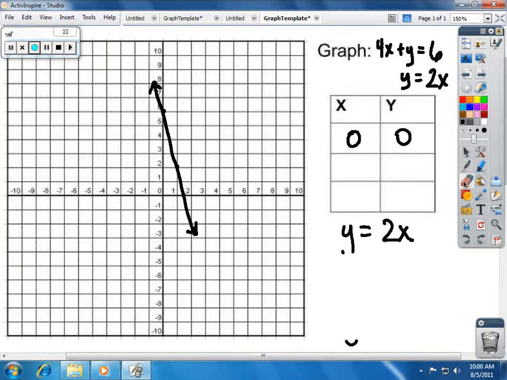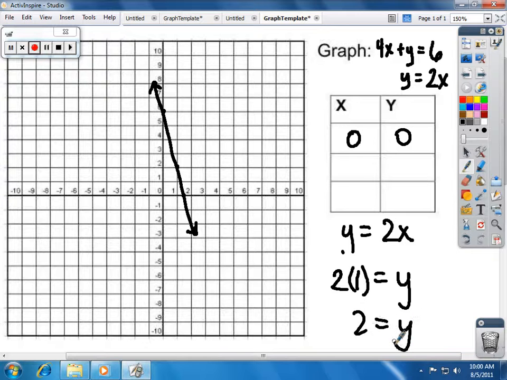So we're going to again substitute arbitrary values in for either x or y. I'm going to use x. So I'm going to substitute 1 in for x. So I would have 2 times 1 equals y. Therefore, when x equals 1, y equals 2.